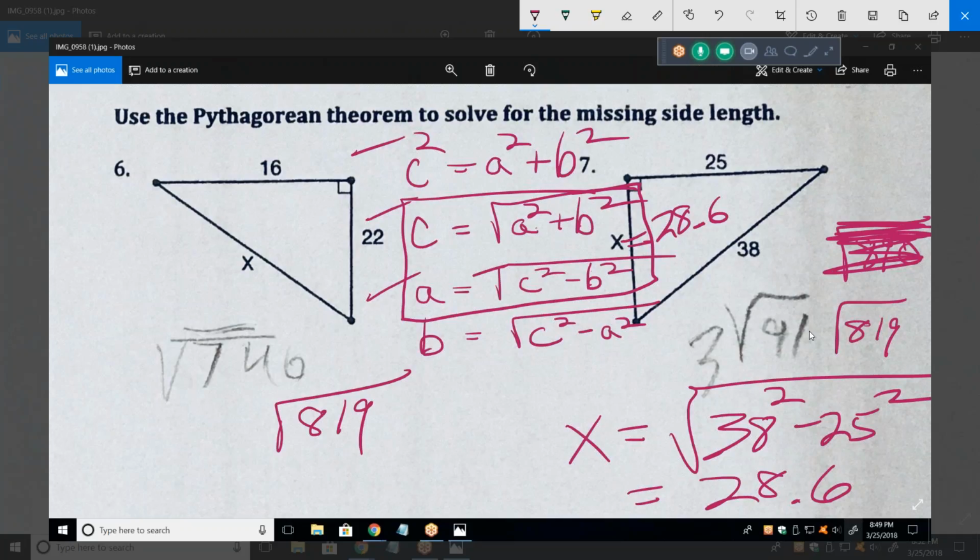Remember, here's what your perfect square numbers are. 9. Perfect. And you know that because the digits add up to 9. In other words, 8 plus 1 is 9, plus 9 is 18, and then 1 plus 8 is 9. If your digits add up to 9, then it is divisible by 9.